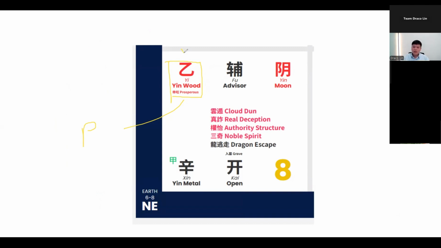For example, this is the stems, this is the stars, this is the doors, and this represents the deity. So each individual variable has a certain meaning. If you're new, you need to first start with this. If you're not new and you really know something like this, then your job here is to understand the intensity of the relative variables.